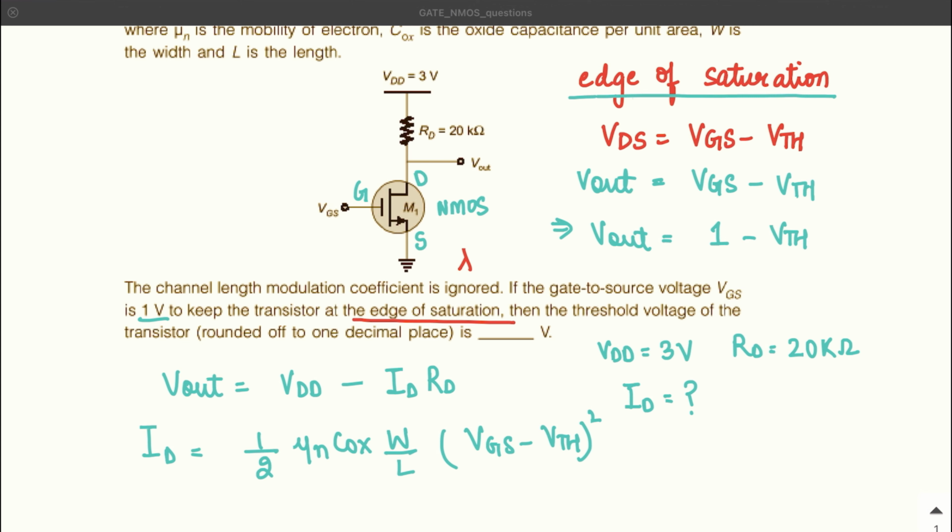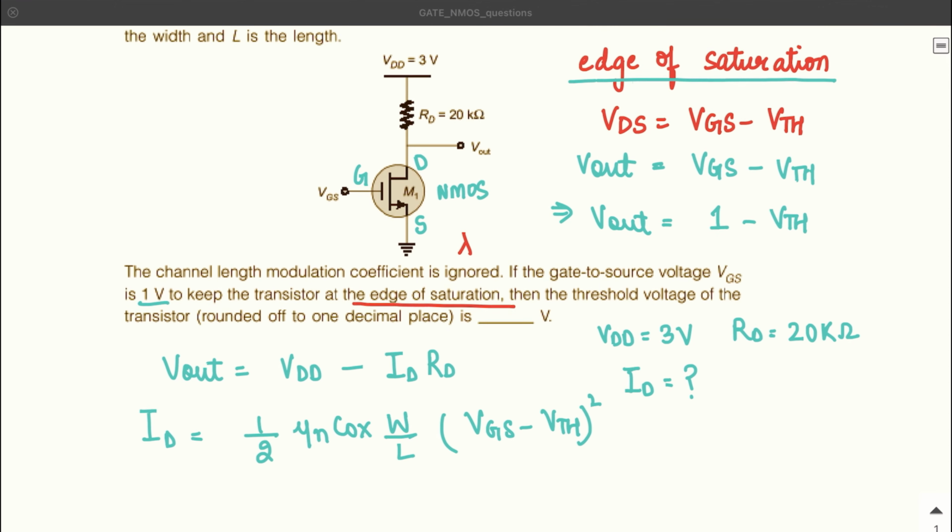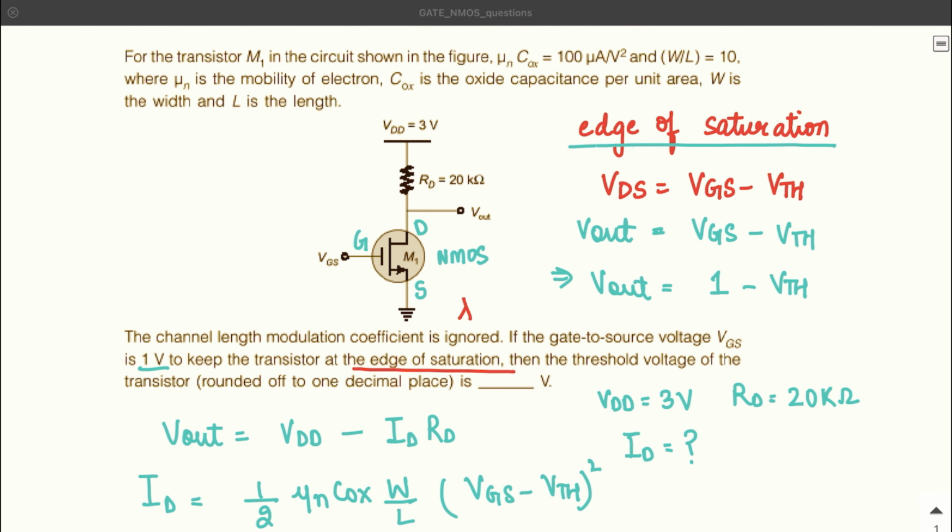You are given all the parameters except VTH, which we need to find out. So we will put in the values given in the question: mu n Cox, W by L, and VGS equal to 1 volt.